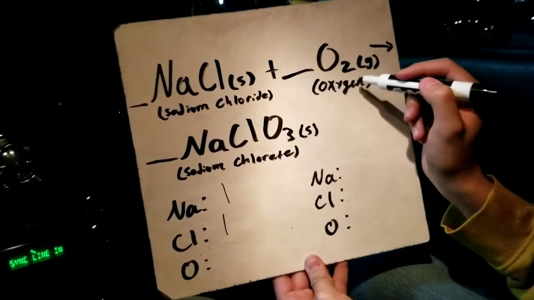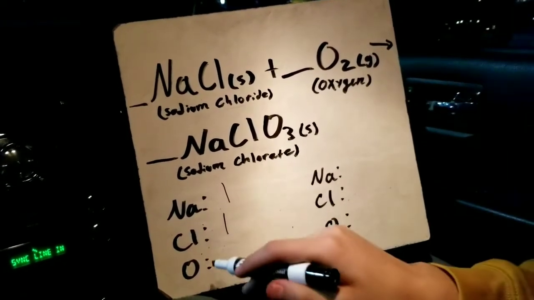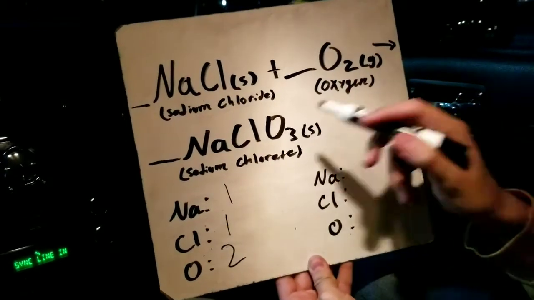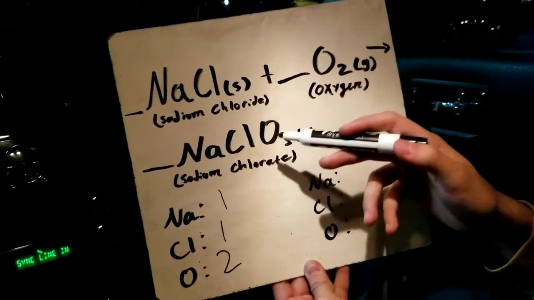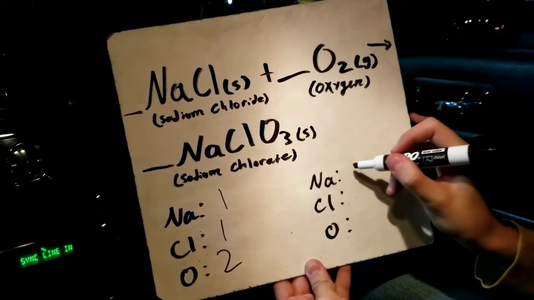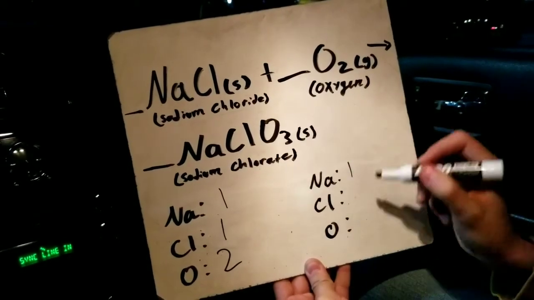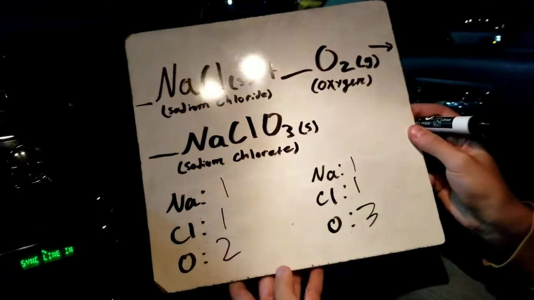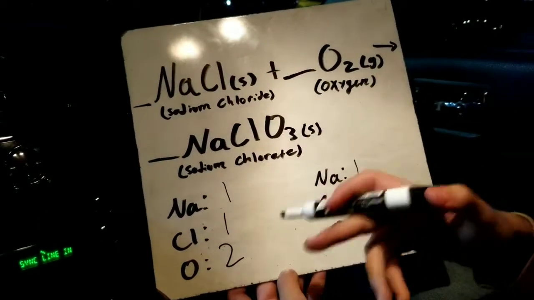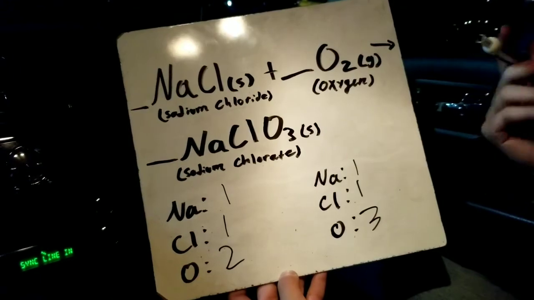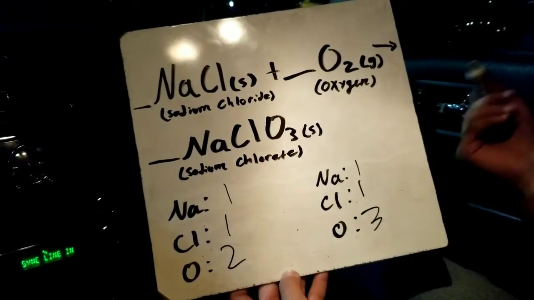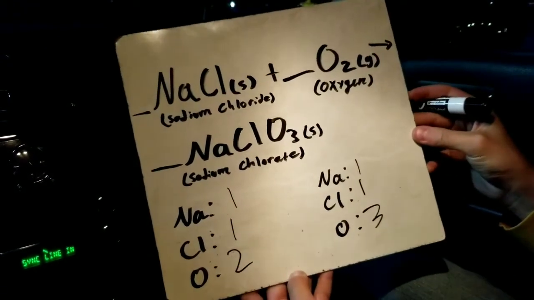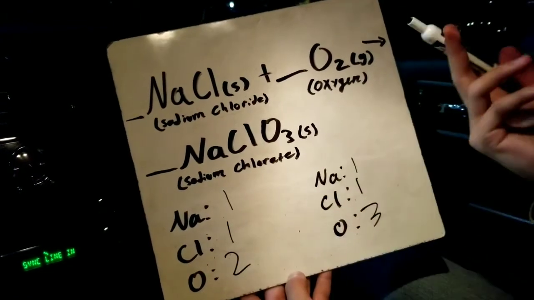And the oxygen atoms in oxygen is 2. And now for the product, there's 1 sodium atom, 1 chlorine, and 3 oxygen. So our whole goal is to make them all equal to each other, but in this case the oxygens do not equal each other. So our first step is to try to make them equal.